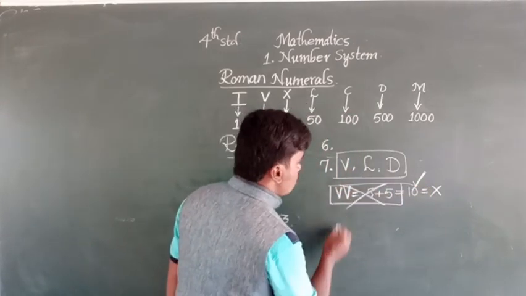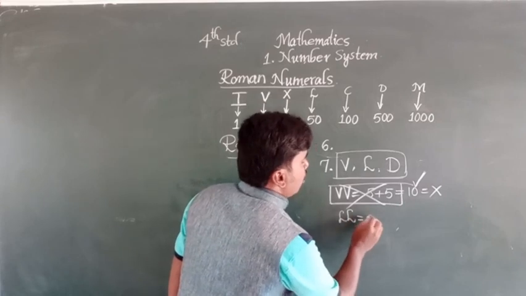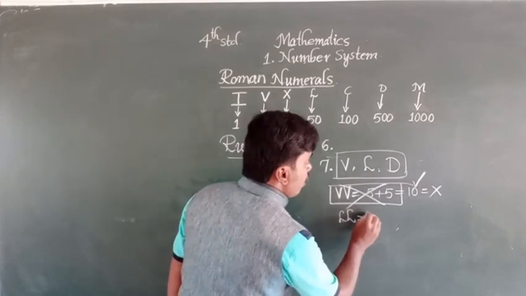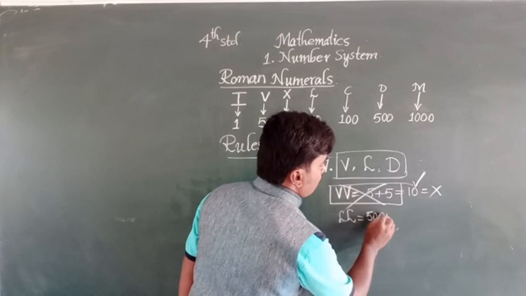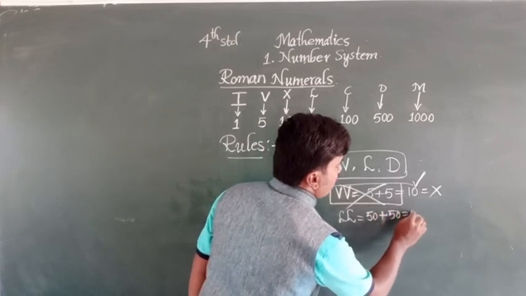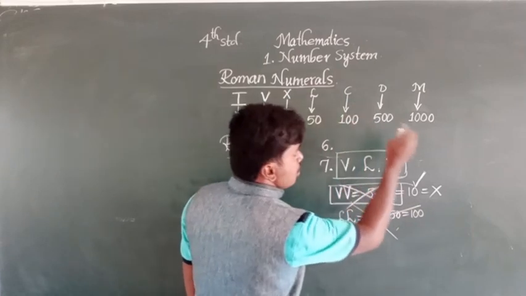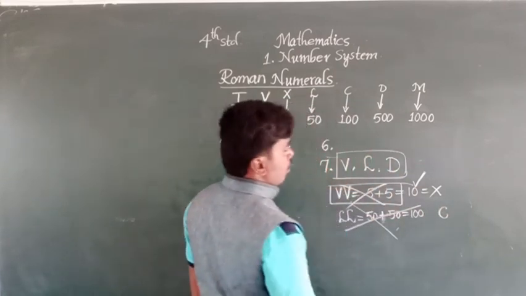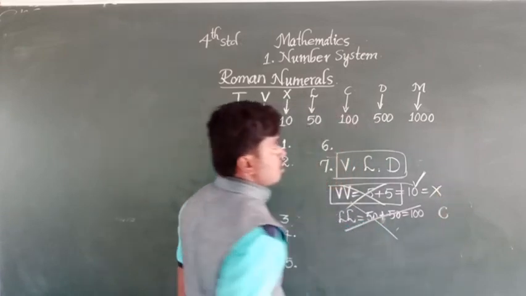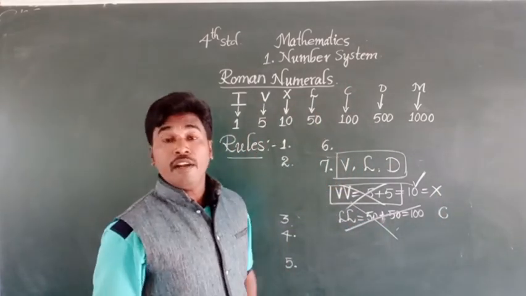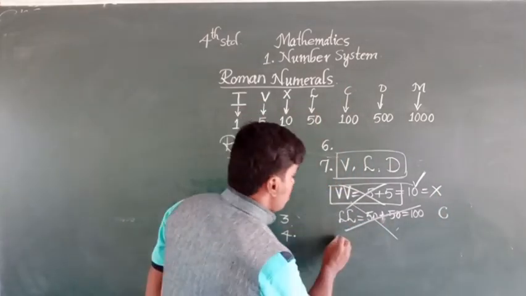For 50 also, L. What is the value of L? 50 plus 50 is 100. For 100 also we have another symbol, C. Similarly for D, 500.